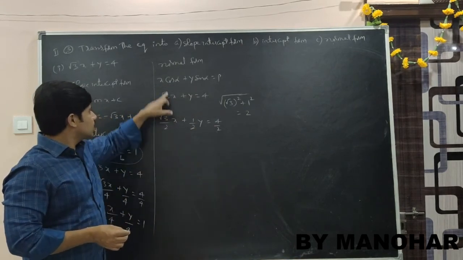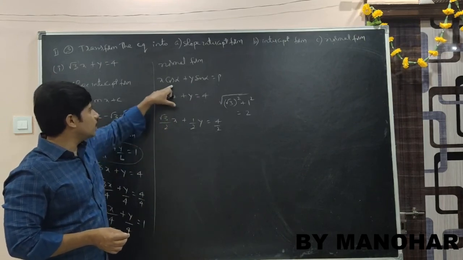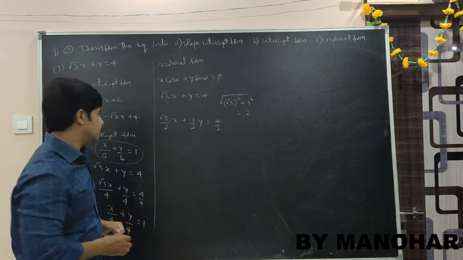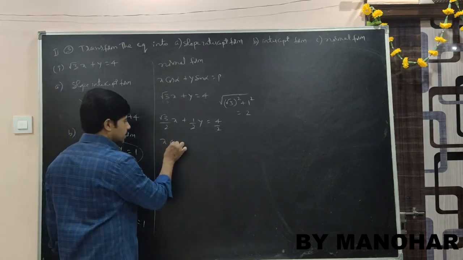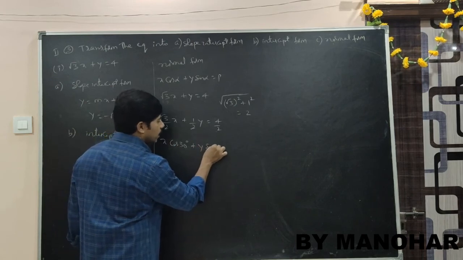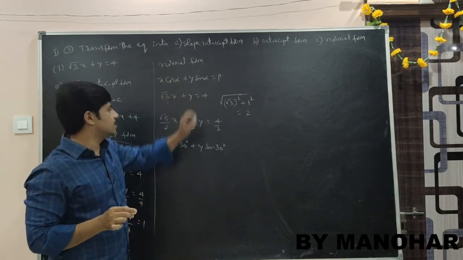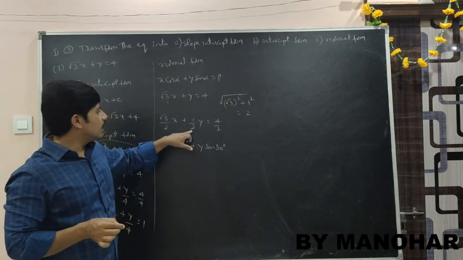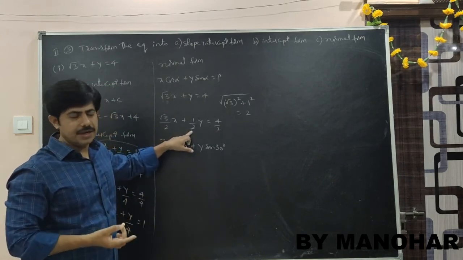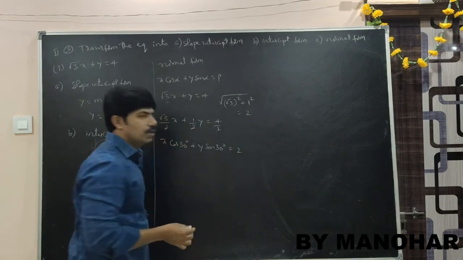Now x cos alpha. When we get root 3 by 2 in cos, it is 30 degrees. So just write x cos 30 degrees plus, blindly you can write y sin 30 because alpha is the same here. And you can check, when we get 1 by 2 in sine, it is 30 degrees. So y sin 30 is equal to 4 by 2, which is 2.